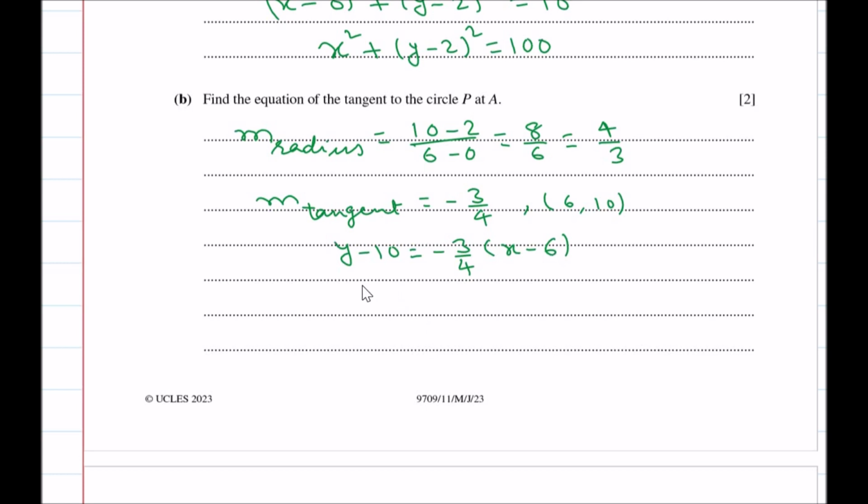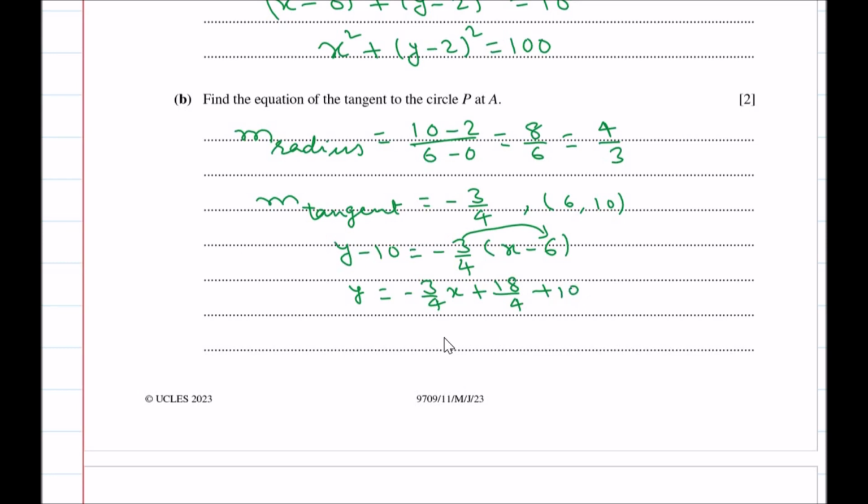Okay. Now if you simplify this, we get y equal to minus 3 by 4x plus 18 by 4, because minus 3 by 4 into minus 6 we will get 18 by 4, minus 10 shifted to the right side, so plus 10.